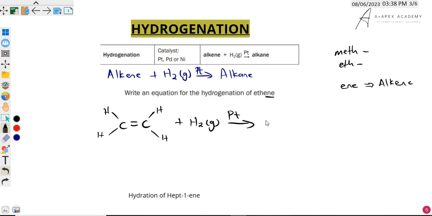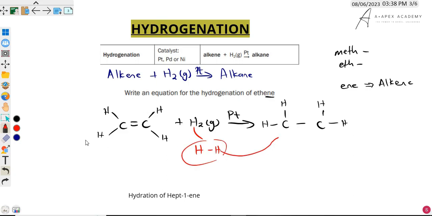Now we break the double bond, so we have a single bond now. But remember that each carbon atom had only 2 hydrogen atoms, and now we are adding those 2 hydrogen atoms. One of these should go there. Remember this is now an open bond, and so is that one, because we just broke the double bond.